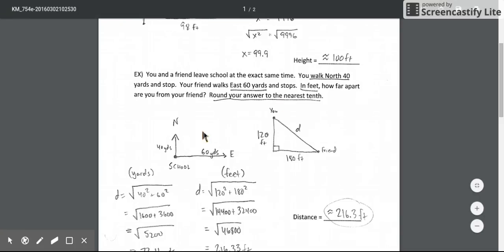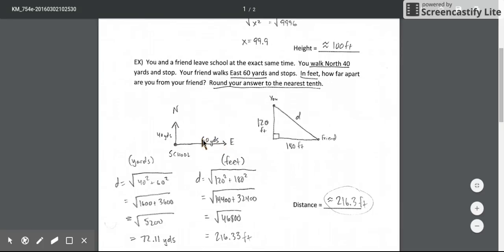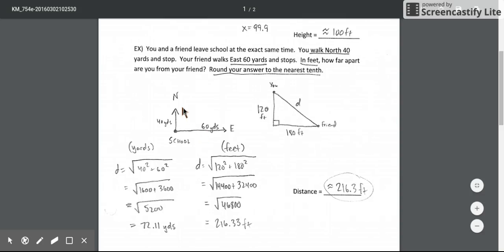So if we were to start with a diagram of the description, we're starting from a single location, school, and I'm walking north or up 40 yards, and my friend is walking east or right 60 yards. You could solve this problem using yards and then convert your answer to feet at the end.